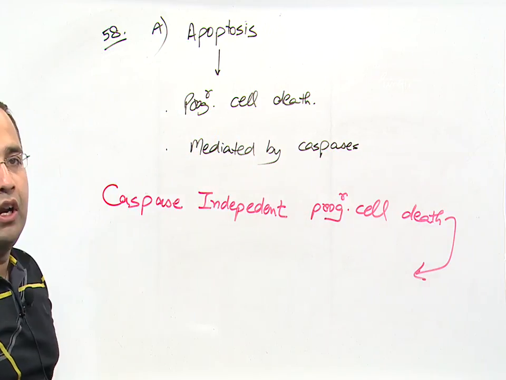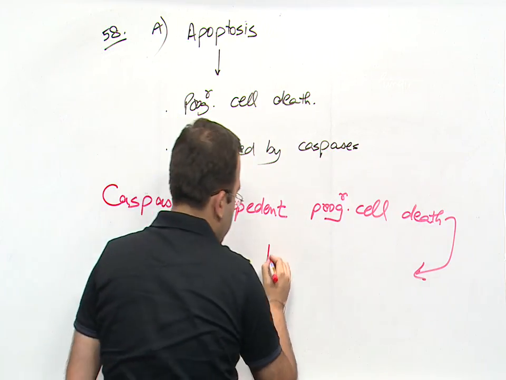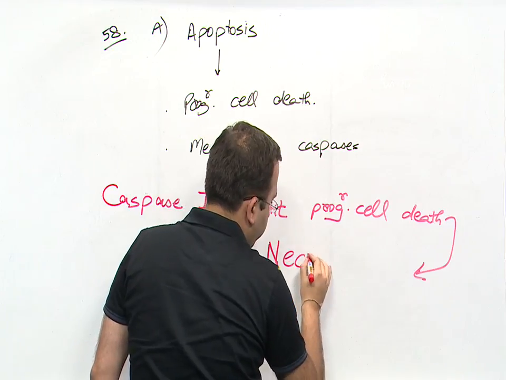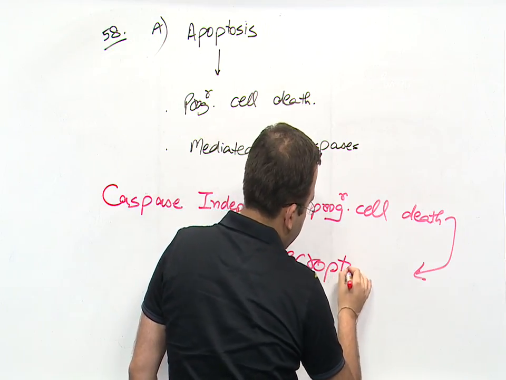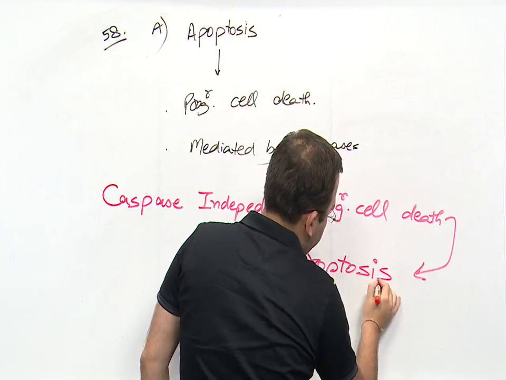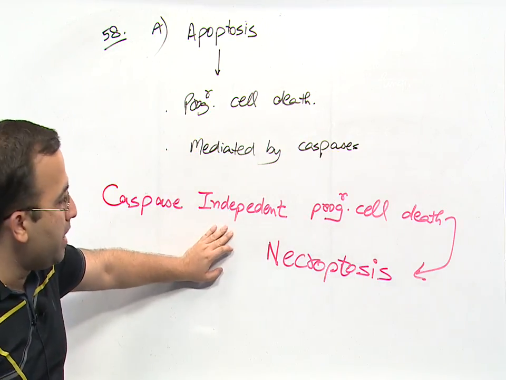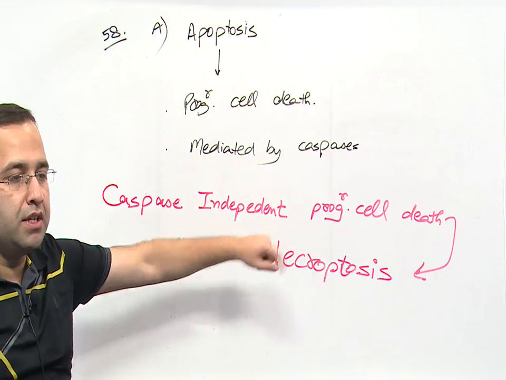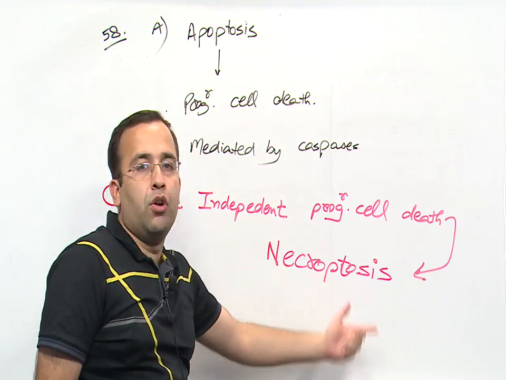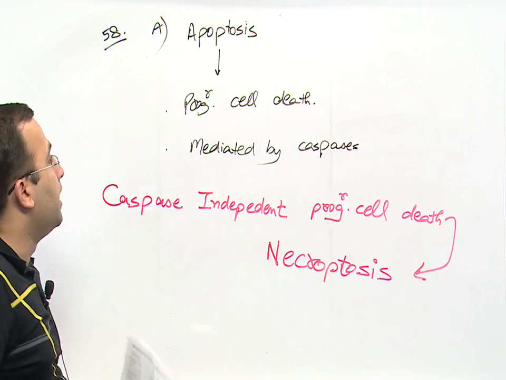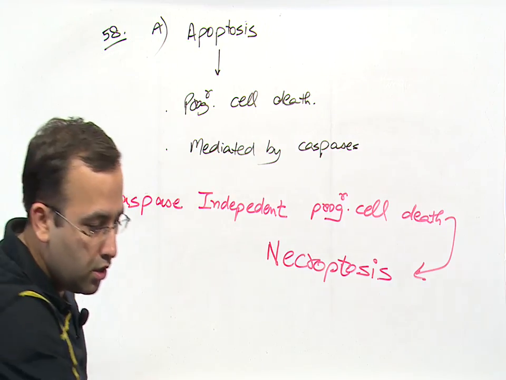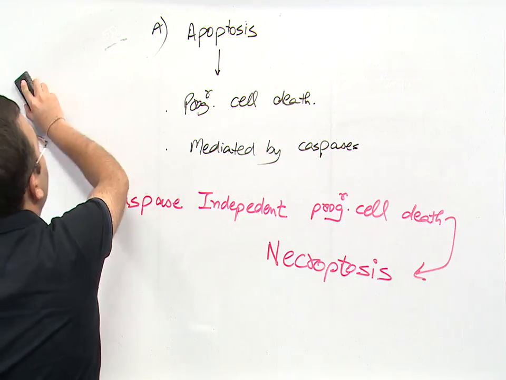This is called necroptosis. Caspase independent programmed cell death, necroptosis. Plain and simple.